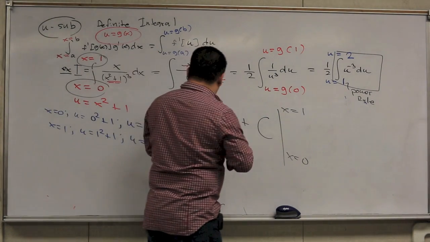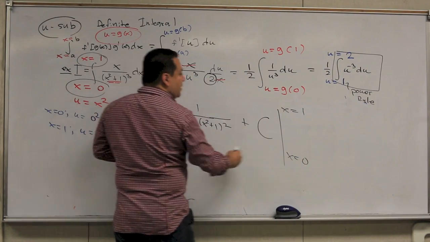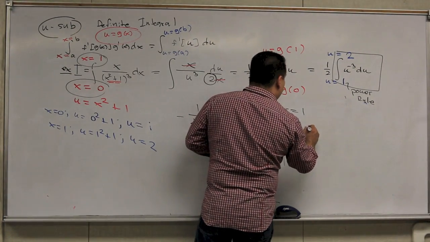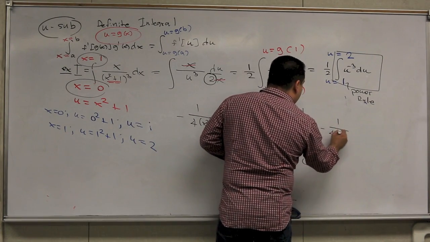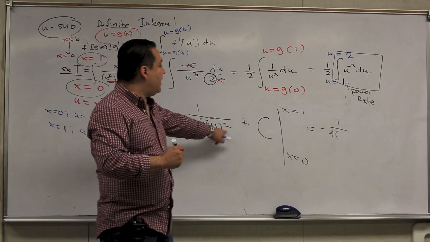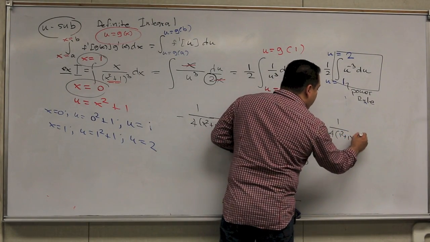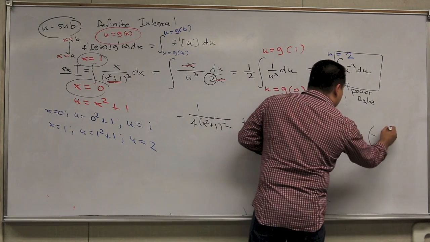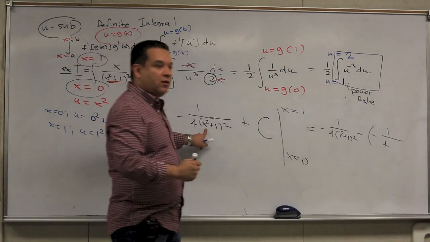Well, let's see. Let's do the arithmetic. Okay, how do we do this arithmetic? Isn't this going to be, I'm going to run out of space here. Isn't this negative 1 over 4 times x squared plus 1 squared? What is x? Isn't that 1 squared plus 1 what squared? Minus a negative 1 over 4. What is x now? 0.